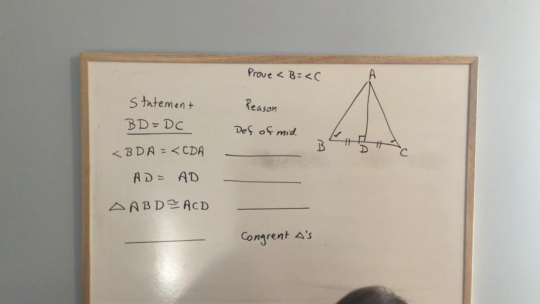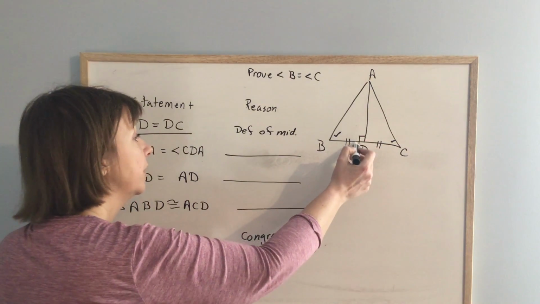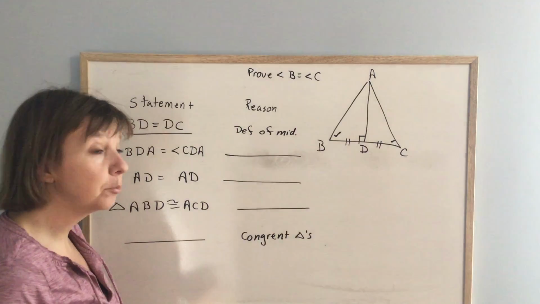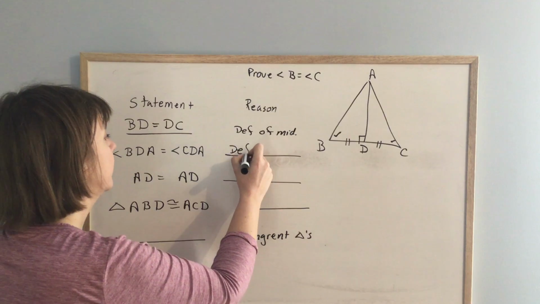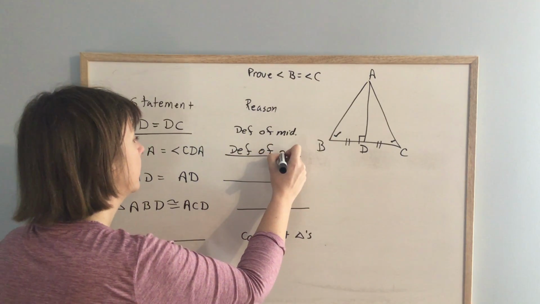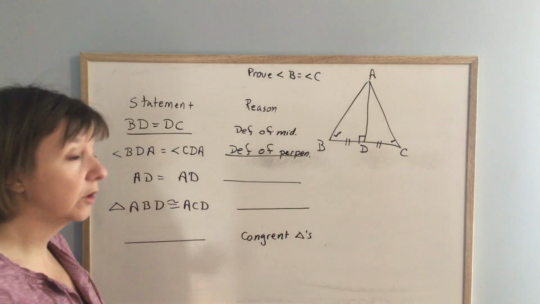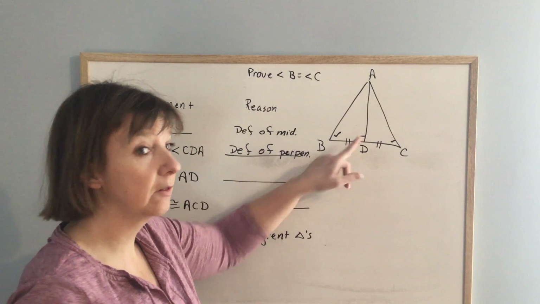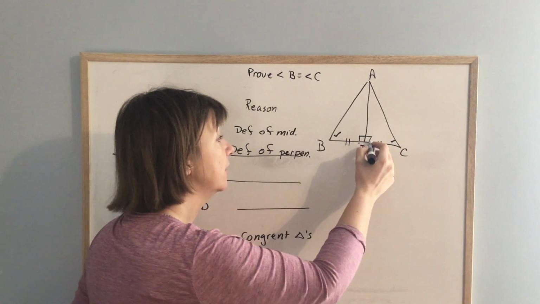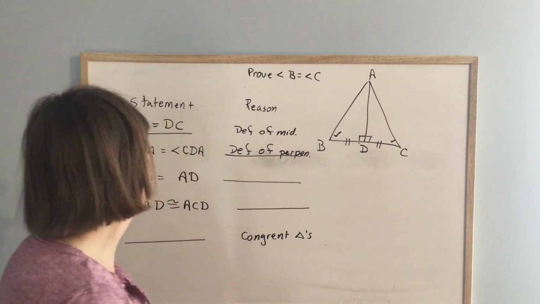So in the back of the book, they have what I was going to put. They've told us that this is perpendicular. They've put the little square there. So this would be definition of perpendicular, because that's what that means. These two angles are equal because if they tell you that this is perpendicular, that's 90 degrees, then that would have to be 90 degrees on the other side.